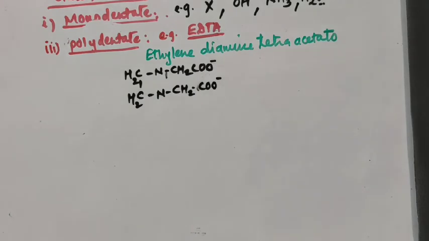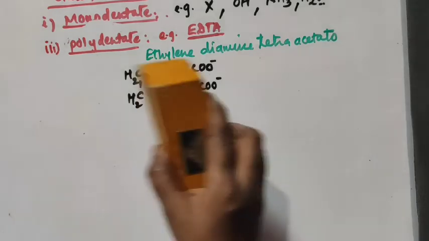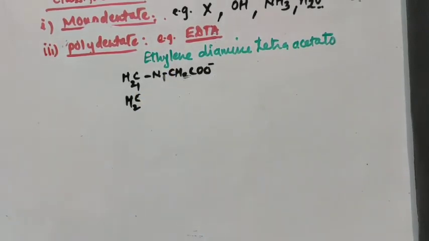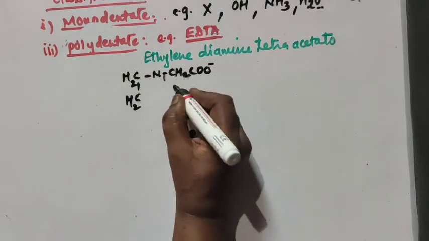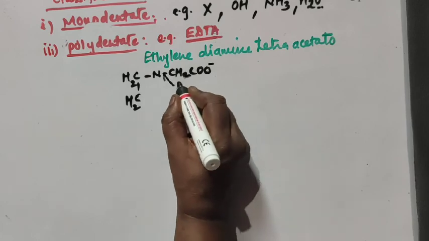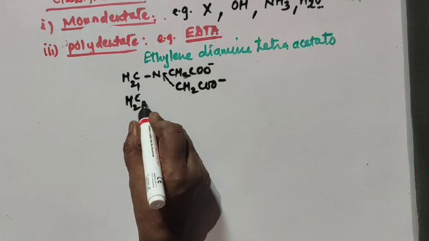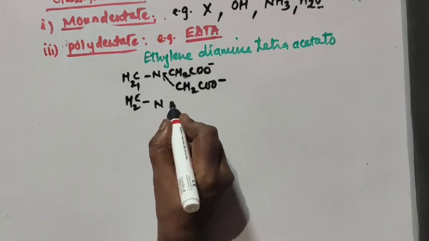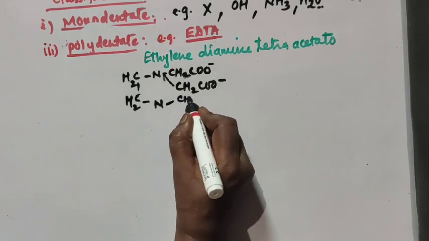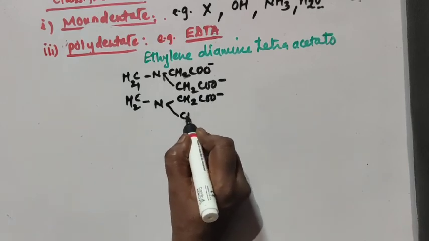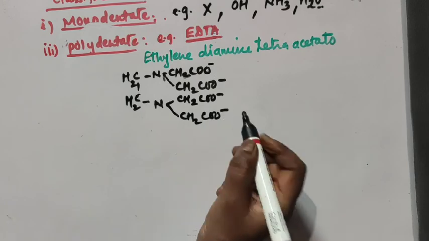Two hydrogen atoms are there actually in amines. For your convenience, I'll write it as both the hydrogen atoms replaced by CH2 COO minus. Here also one more nitrogen atom, and two hydrogens are replaced by CH2 COO minus groups.